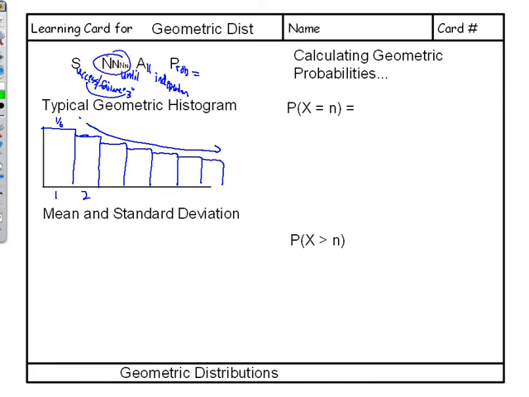The mean and the standard deviation formulas are relatively simple, especially the mean. The mean says, what do I expect? How many do I have to do before I find one? That is simply 1 divided by p. In my example about rolling the die and trying to get a 3, it's 1 over the probability of success, which is 1 out of 6.